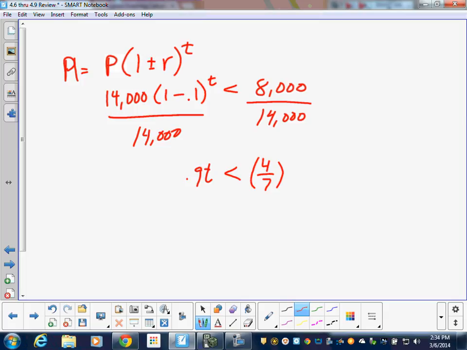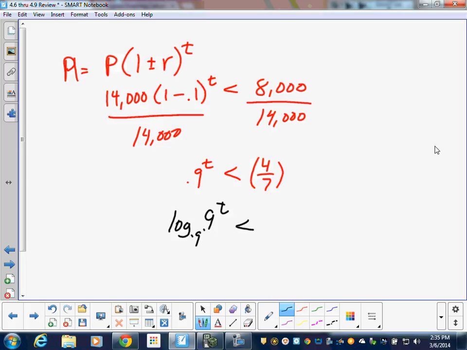Again, there's no other way, because this says 0.9 to the t, not 0.9t. If it said 0.9t, I would divide both sides by 0.9 and be done with it. You guys that just said that, you understand the logic behind doing this. What you're just not comfortable with yet is that whatever that base is, take the log of that, and it's 1.